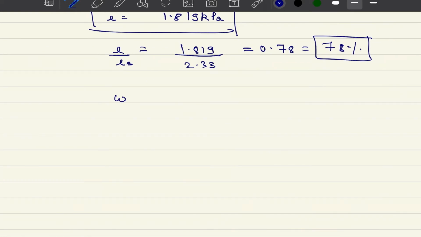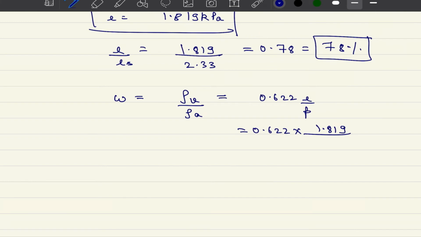We learned that specific humidity is the ratio of the density of vapor to the density of air, which can also be written as 0.622 E upon P, where E is the actual vapor pressure that corresponds to the dew point temperature, which in this case is 1.819 kilopascal.